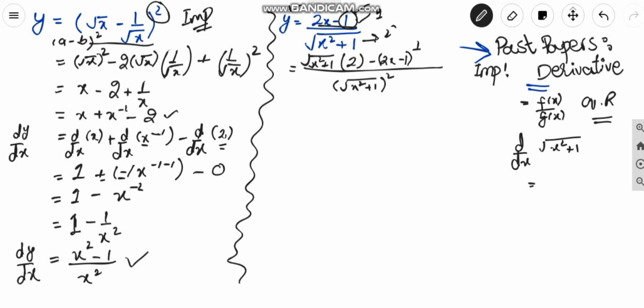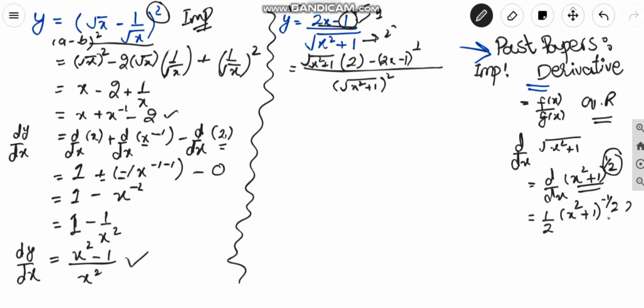We can write it as d by dx of (x square plus 1) whole power 1 by 2. You can see that you can find the derivative of this function by the power rule. Place the power at the start and reduce the power by 1. It will become minus 1 by 2, and take the further derivative of x square.